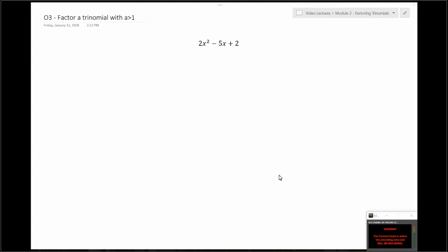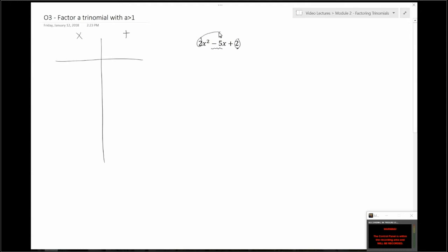So in the last video, what we were trying to do to factor trinomials is we found two numbers that multiplied to be the last coefficient and added to be the middle coefficient. And we're going to do almost exactly that this time.